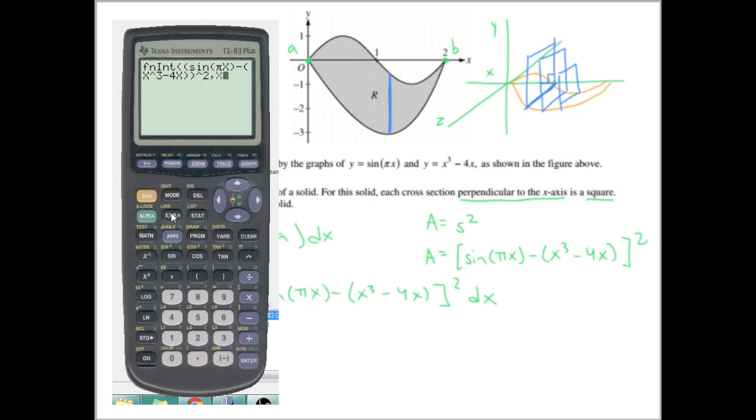And then comma, then x, then 0, 2, parentheses, enter. And then we get that the volume is 9.987.